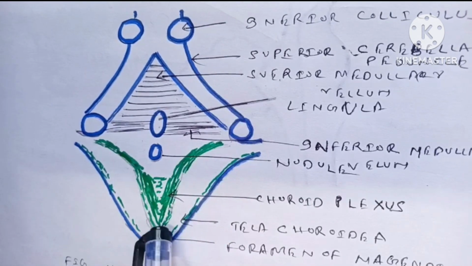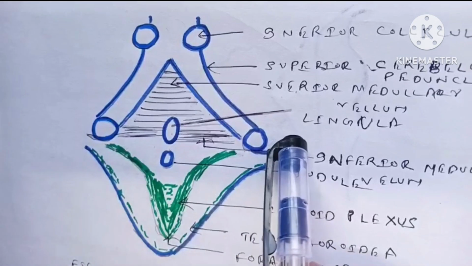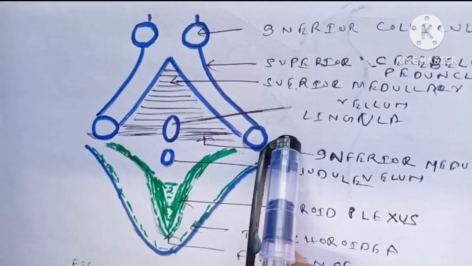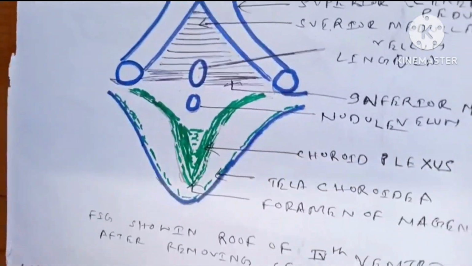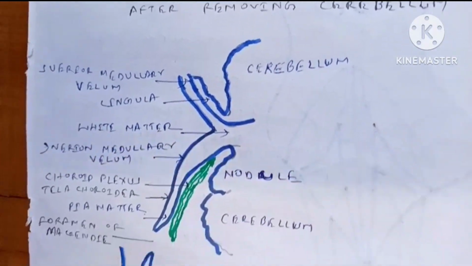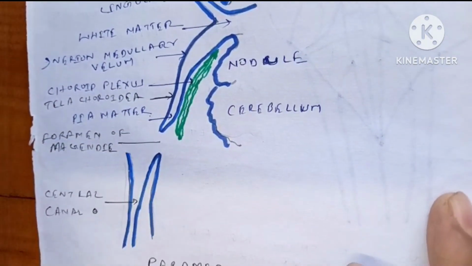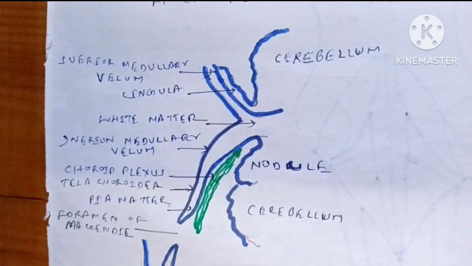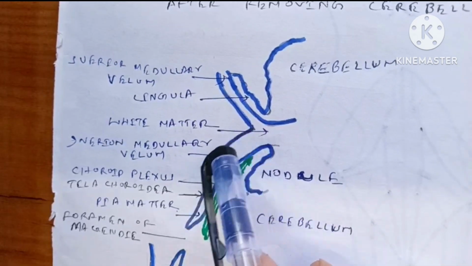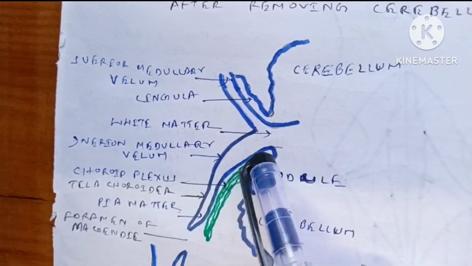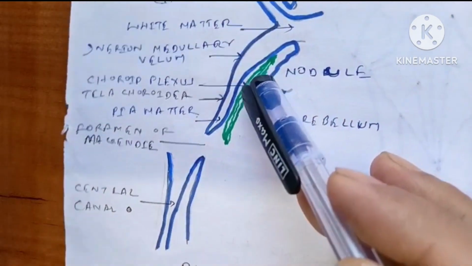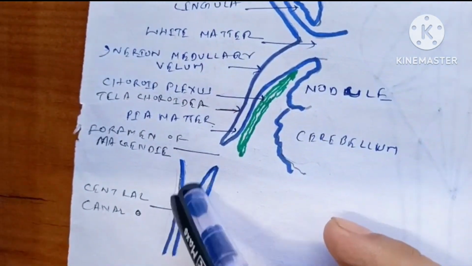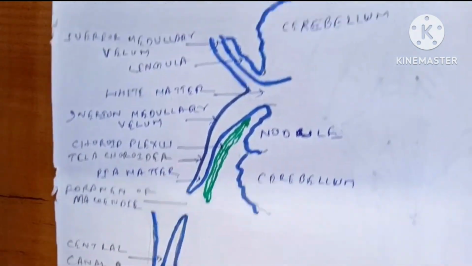Here is the foramen of Magendie, and two laterally set, the foramina of Luschka. This is the fold of pia mater, the tela choroidea, and this is the choroid plexus, and this is the central canal of the medulla oblongata.